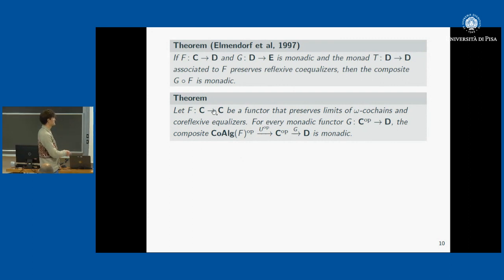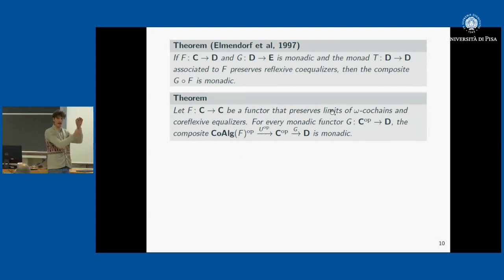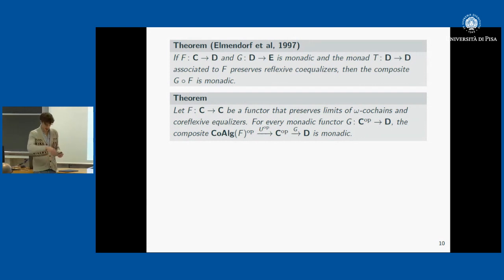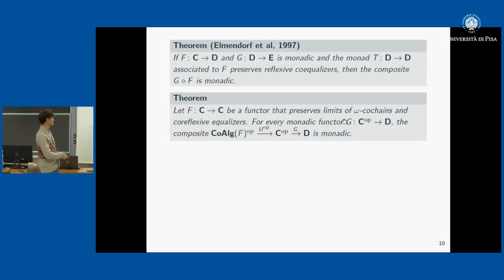So if F is a functor that preserves limits of omega cochains, so a chain ordered like the negative integers, and if it also preserves coreflexive equalizers, then for every monadic functor G from C up to D, the composite of the forgetful functor and the functor G is monadic.